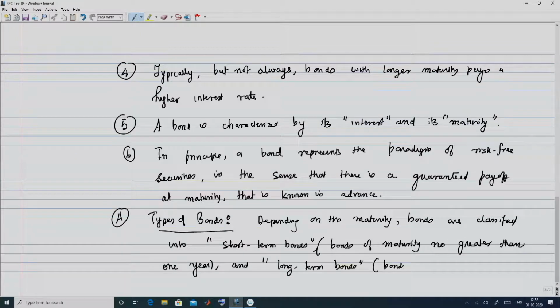These are bonds of maturity exceeding 1 year. So, this was one classification: if the maturity of the bond is 1 year or less, then we call it a short term bond, and if it exceeds 1 year, then we call them the long term bond.